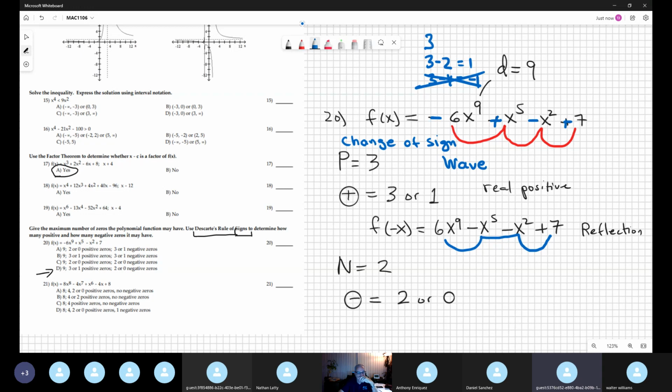Exactly. Okay, now it makes sense. And do you understand the second part, the reflection? Yes, you get the reflection, and then you switch. Actually, when you do the reflection, you have another polynomial, and you apply the same rule, but now it is valid for the negative zeros.